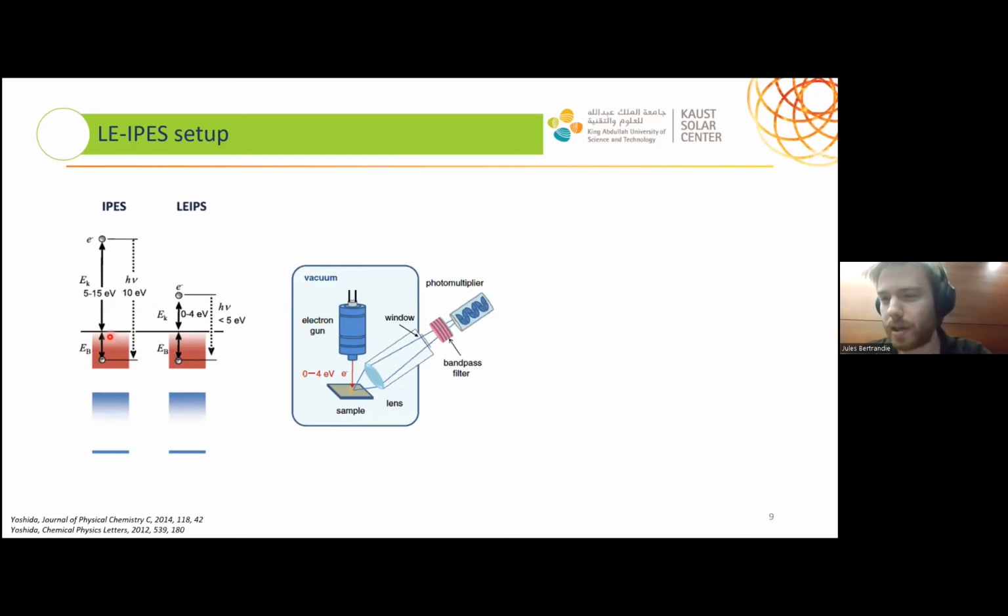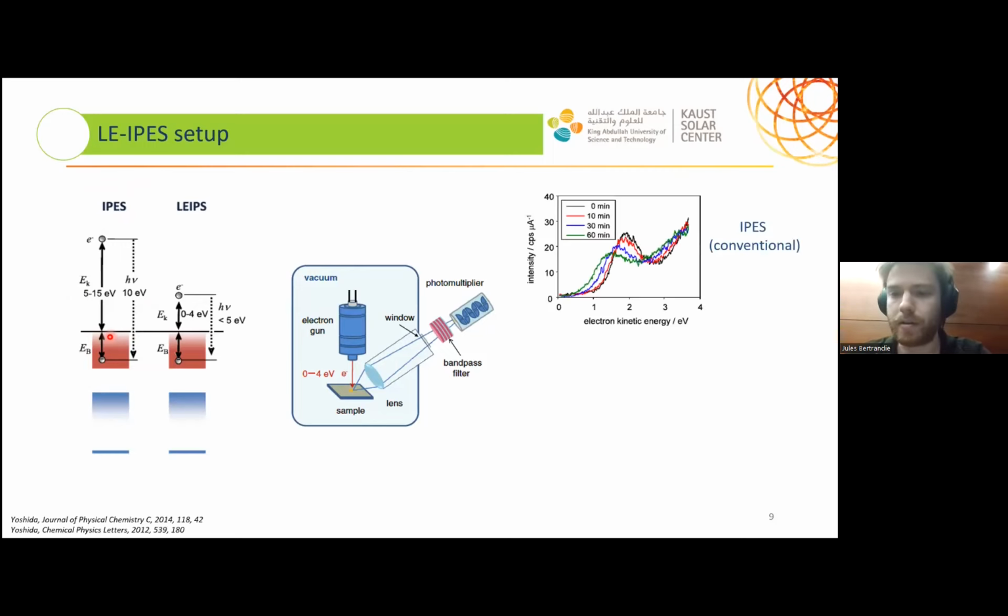And this is actually a problem for organic material, because when we use the IPES, we see that over time we have a change in the peak. After a few minutes, we see that we are destroying our material. So measuring the electron affinity of our organic material directly is not possible with the IPES.